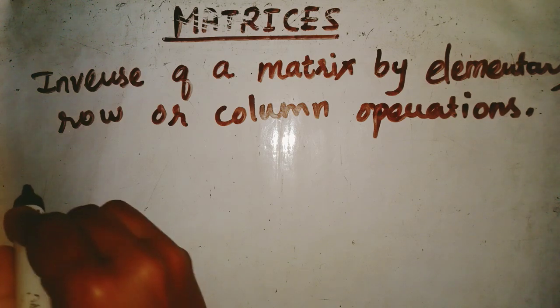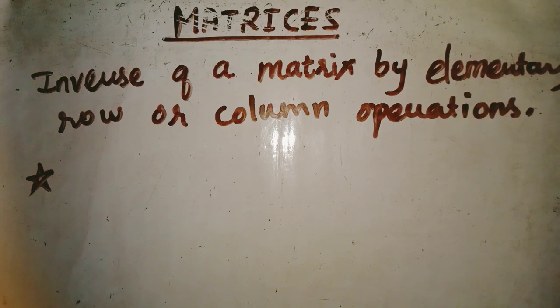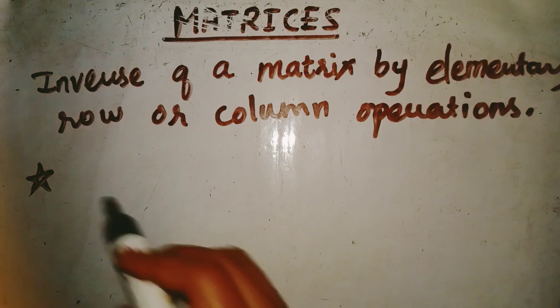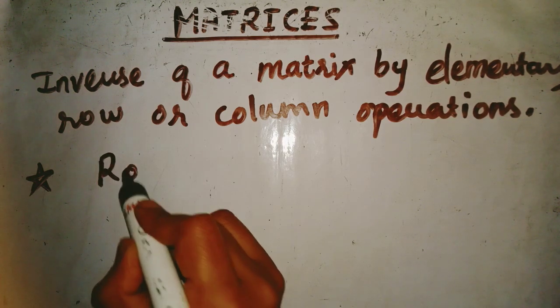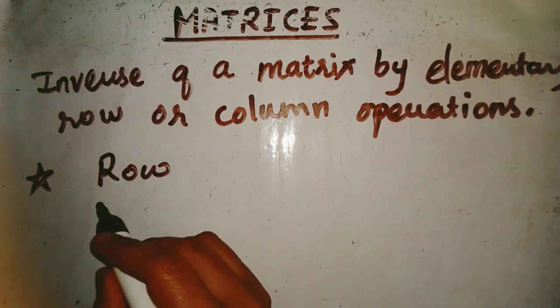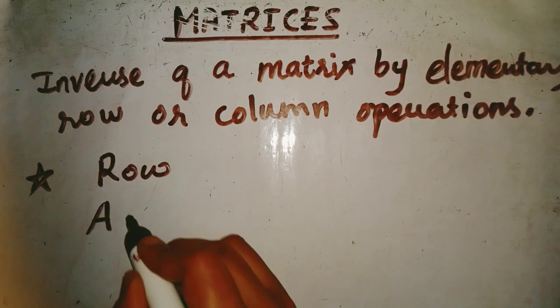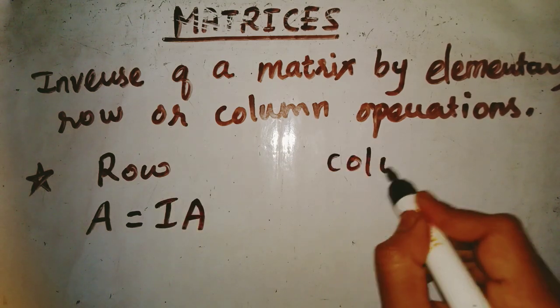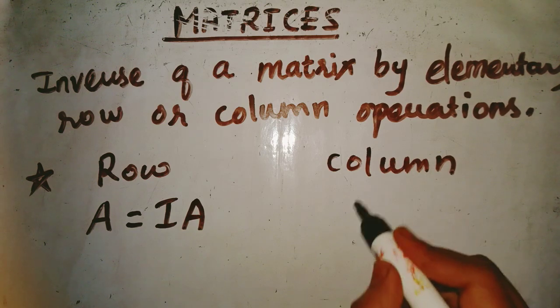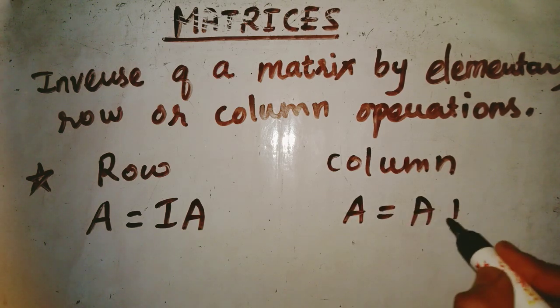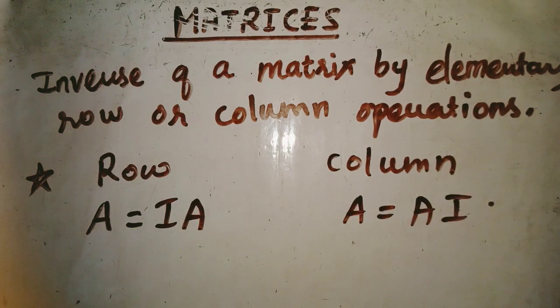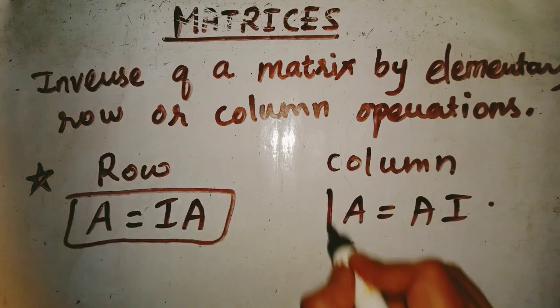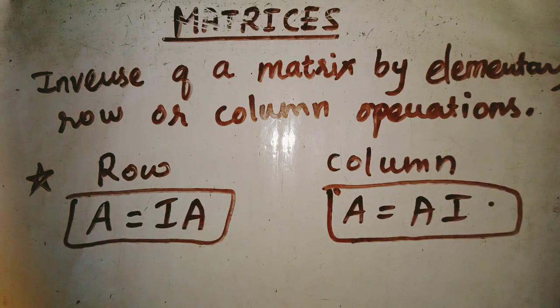Now there is one point here. After applying one or more elementary row or column operations, for row you have to use A equal to I into A. For column you have to use A equal to A into I. This you have to remember for row and column.